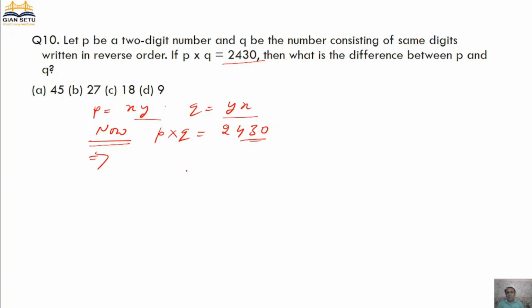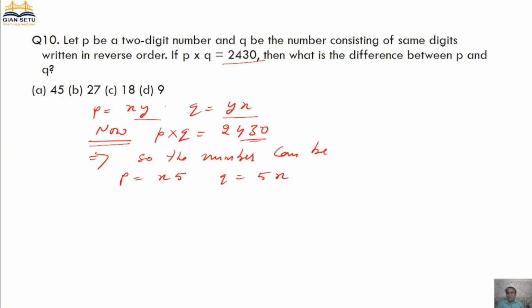So the number can be P as x5 or Q as 5x, right?